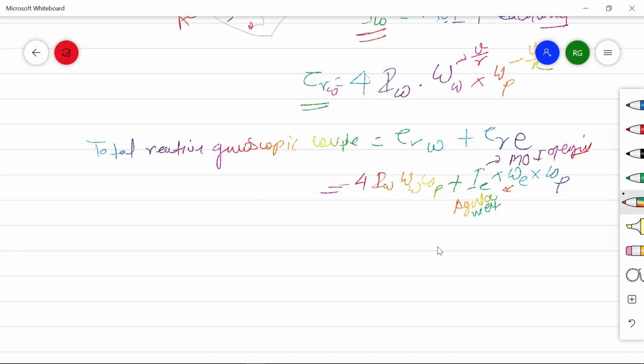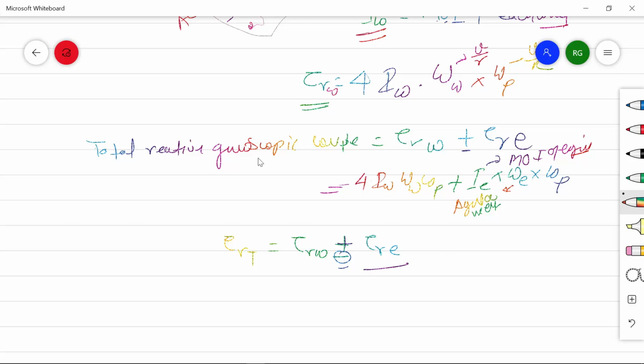So we can write total reactive gyroscopic couple tau r total as tau r because of wheels plus or minus tau r because of engine. If rotating in the opposite direction from the wheels, this would be the minus sign here, and if rotating in the same sense, then this would be the plus sign.